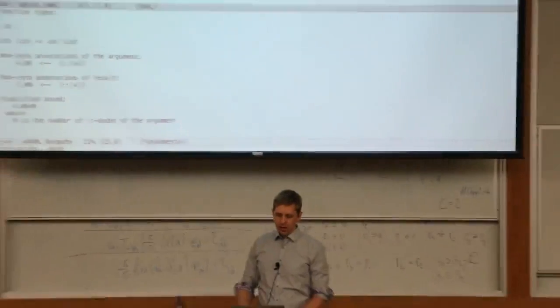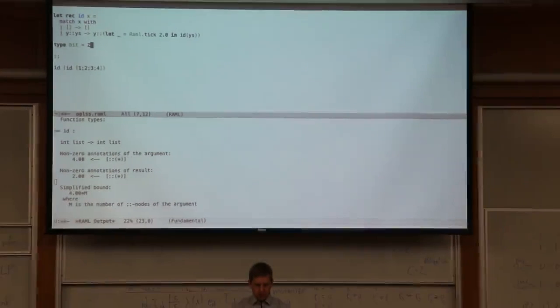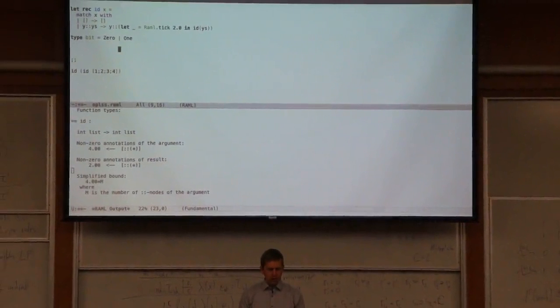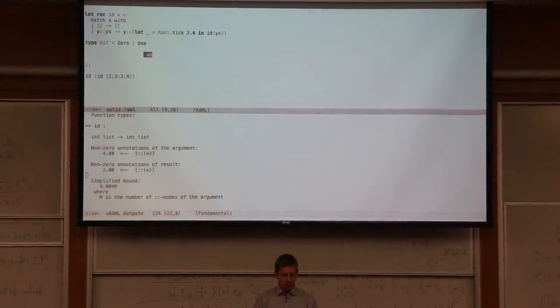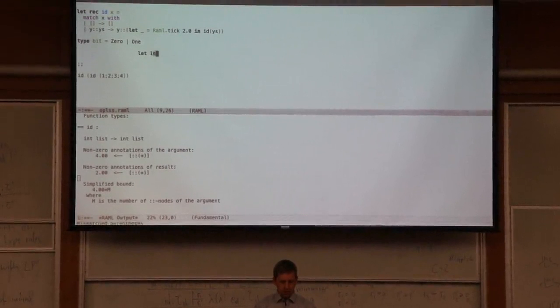So let's implement that. Let's say we have a type bit that is either 0 or 1, and the counter is just represented as a list. So we want to implement the increment, and it's a recursive function, and we get in the counter. So, match counter with.